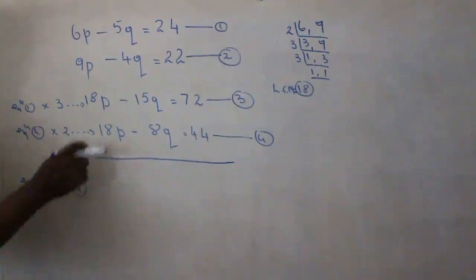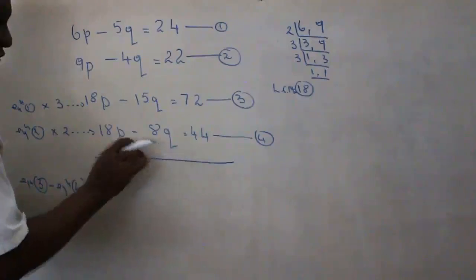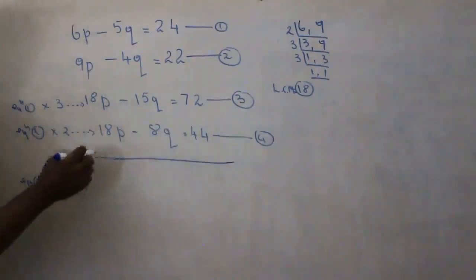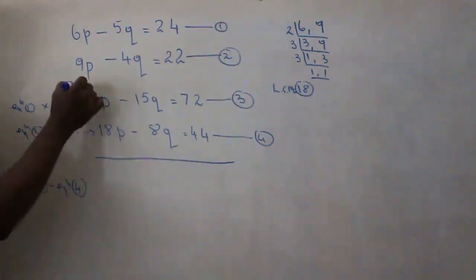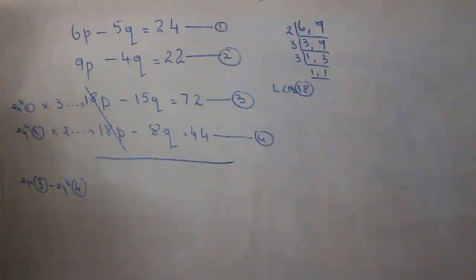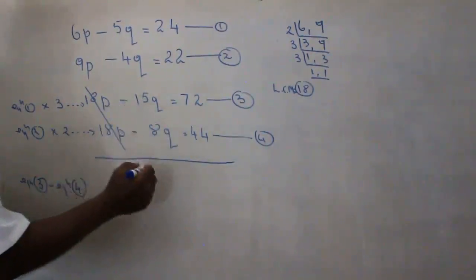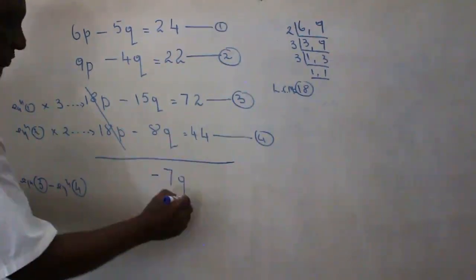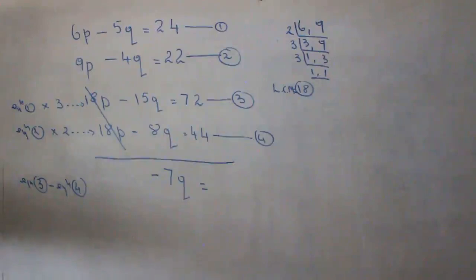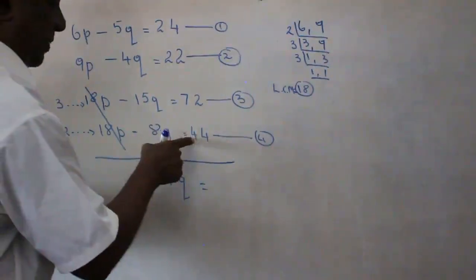We are going to subtract from equation 3 equation 4. So the bottom will become minus. When this becomes minus, this plus 8, when you combine, this will become 0. This becomes plus. Minus 15q plus 8q will be minus 7q. Minus 7q.